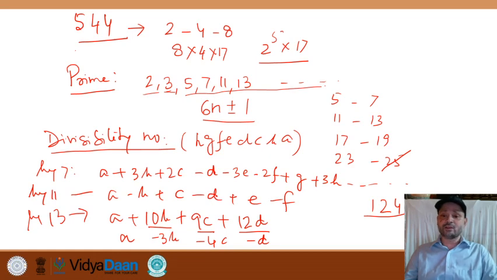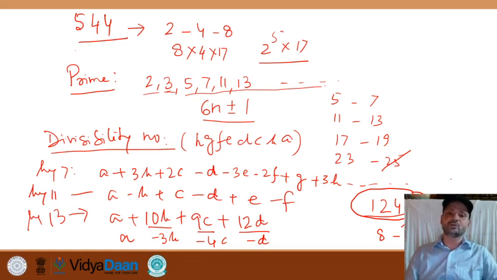So see, you can do 8 minus 3 into b, that is 12, minus 4 into c, that is 8, and then minus 1. So you will have minus 4 minus 8 minus 1, that is minus 13, and it is divisible by 13. It means this number will be divisible by 13.